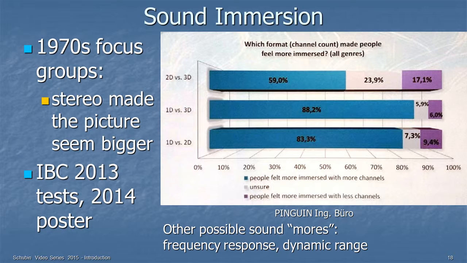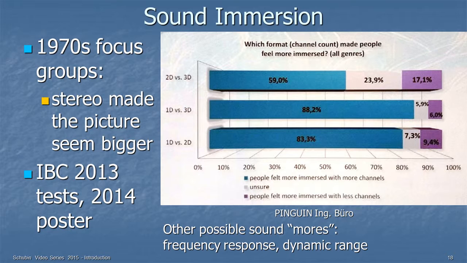Now, in all cases, the majority of people felt that the version that had more channels or more dimensions was more immersive. But let's take a look at the individual bars. So let's start with that middle bar. That's one-dimensional sound versus three-dimensional sound.